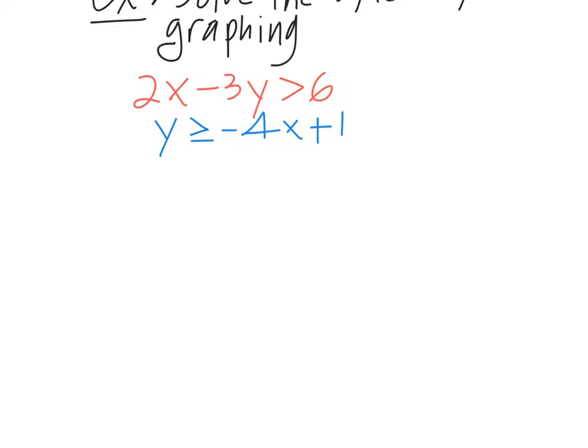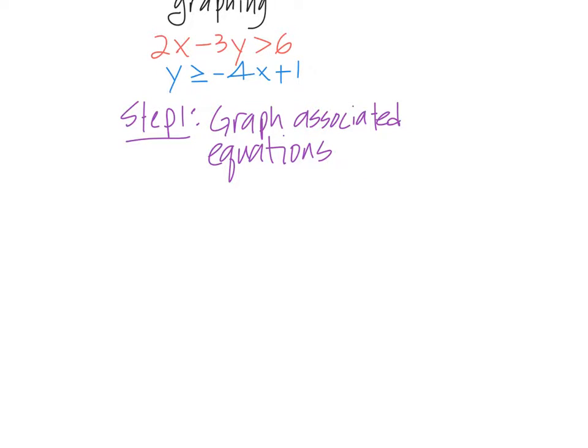All right, so step one. We'll solve the associated equations. So for the first inequality, we have the associated equation 2x minus 3y equal to 6. You can either use the tic-tac-toe method, or you can set x equal to 0 and substitute that back into the equation.